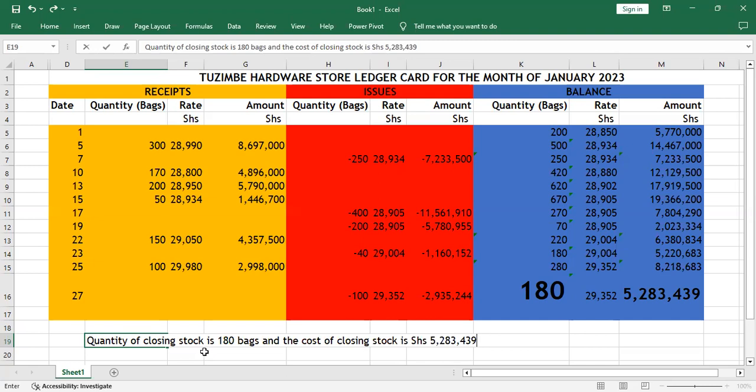So that is the value of closing stock in both monetary terms and in terms of units.